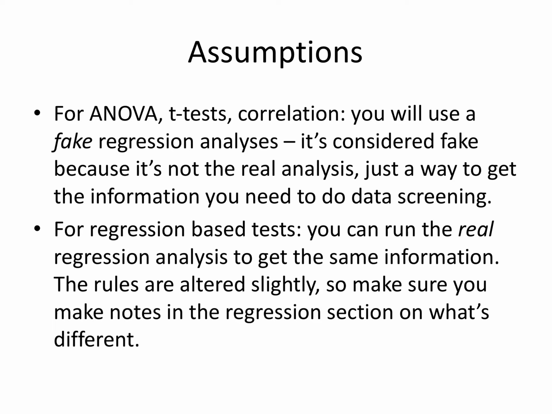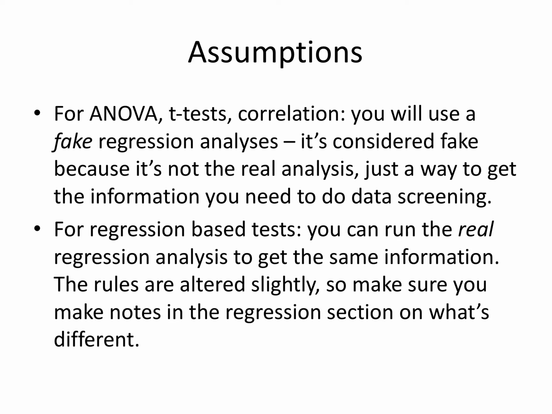When we're running an ANOVA, t-test, correlation, any of that kind of categorical data, minus correlation there, we're going to run a fake regression. This is a fake analysis because it's not the real one. Its purpose is just to get the numbers you need for data screening, because they're not automatic.